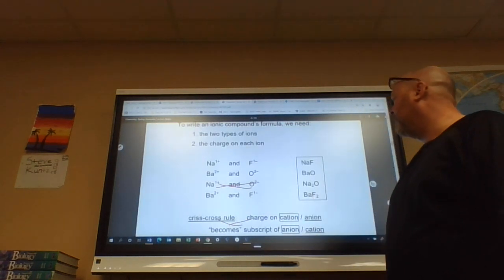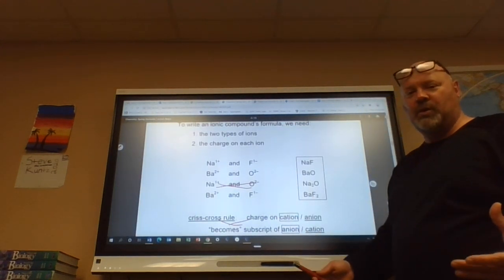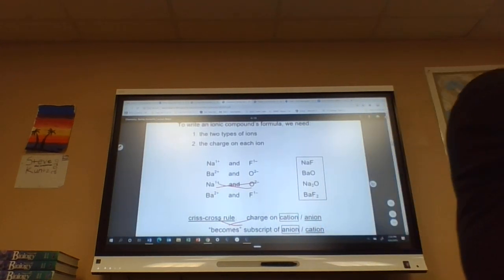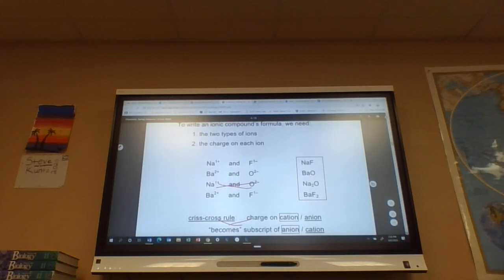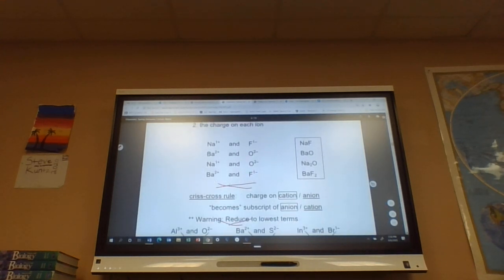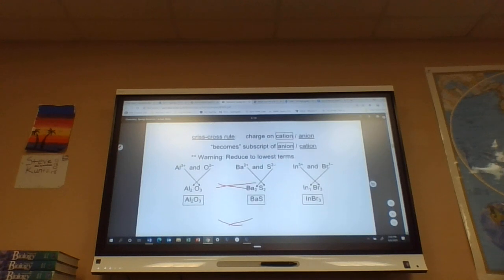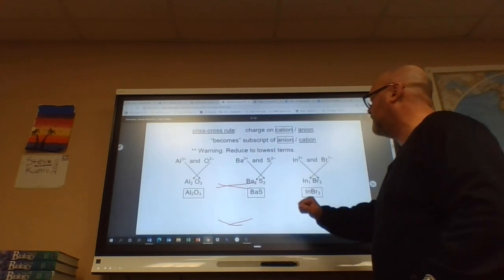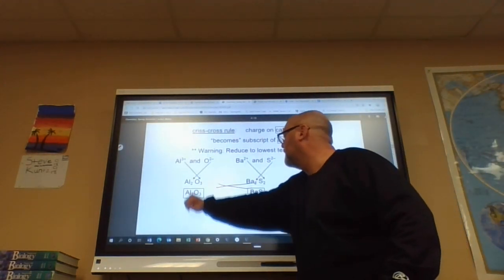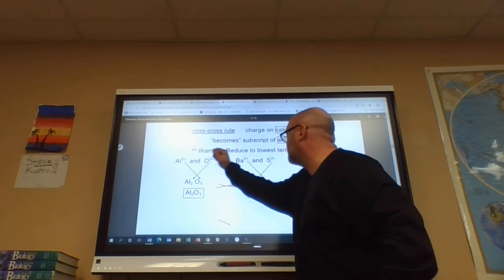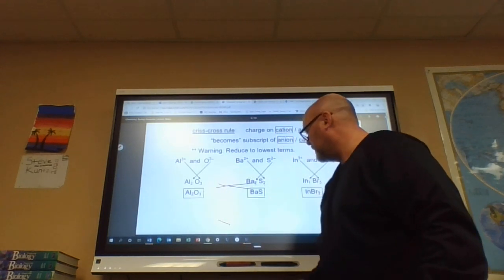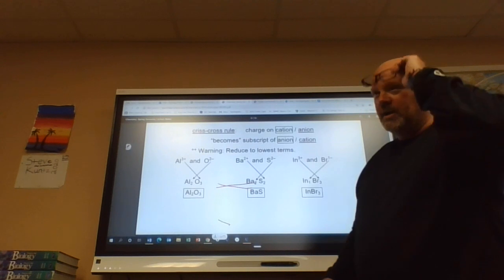Ba2, fluorine's a -1. That's the crisscross rule. Okay? Even if it's a bunch of elements or the same. So, you also reduce to the lowest terms. What that means is that the smartboard's not going to work.